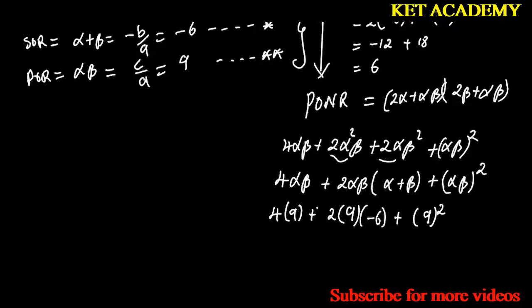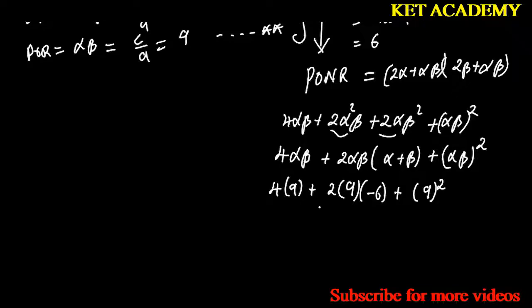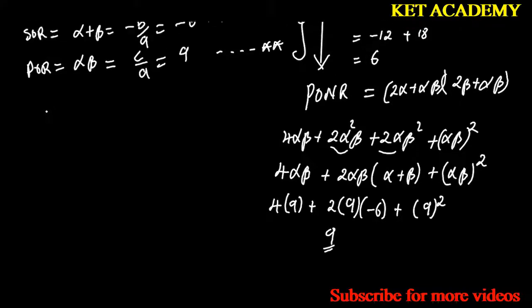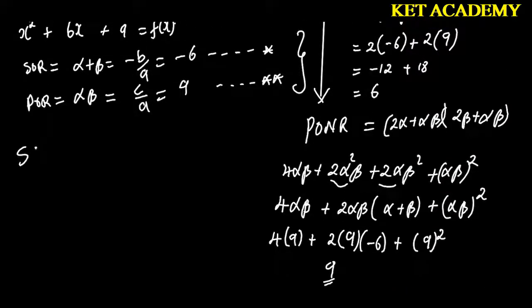Using your calculator, our answer here is going to be 9. So we have our sum of new roots to be 6, and our product of new roots to be 9.